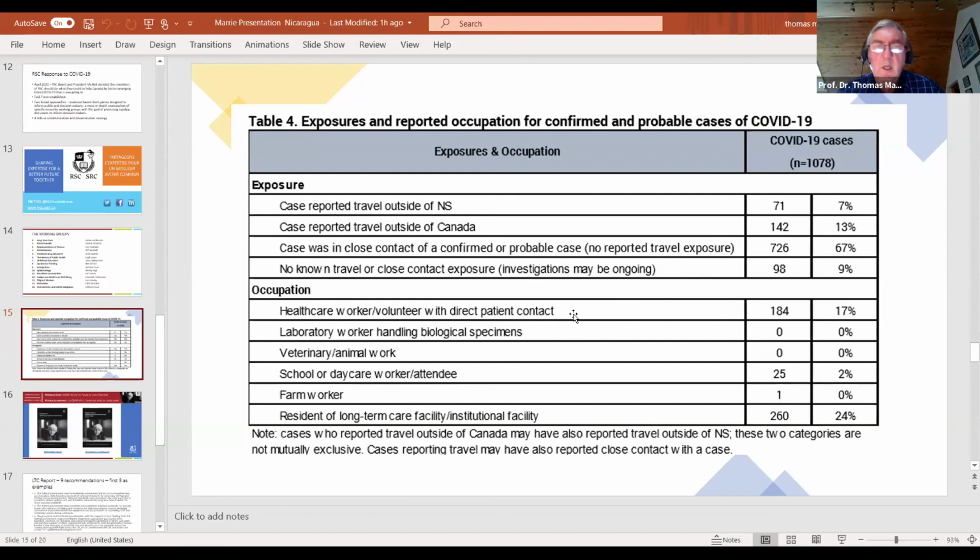So this is data from Nova Scotia, and there were 184 healthcare workers or volunteers with direct patient contact infected to date, and most of those have been in long-term care.